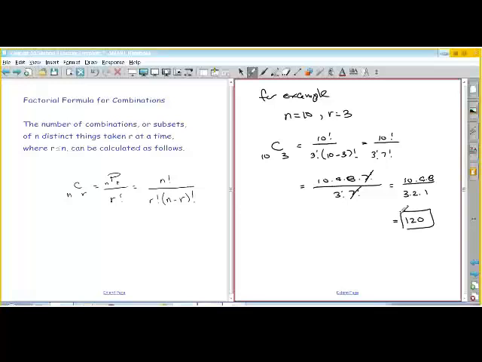So don't ignore it. The other thing you have to be careful about: 10 minus 3 factorial is not 10 factorial minus 3 factorial. You have to do the math inside the parentheses so that you have a single number. Then you can treat it as a factorial. But while it's in parentheses, you don't want to use it at all. Complete the math first.